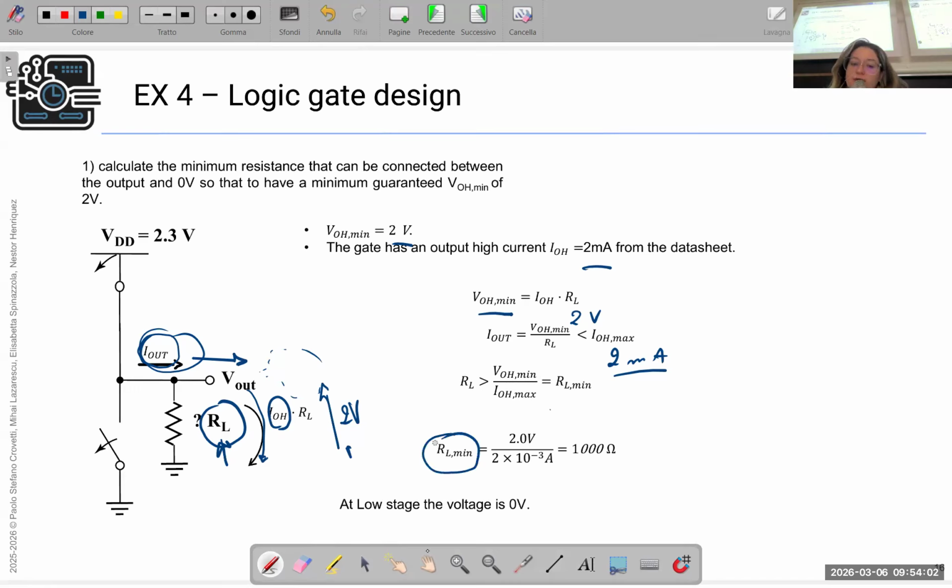So the minimum value of the load resistance is 1 kilo. Clear? Now, at the low state, of course, there is no voltage because it's zero, so at the end there are no calculations to do.